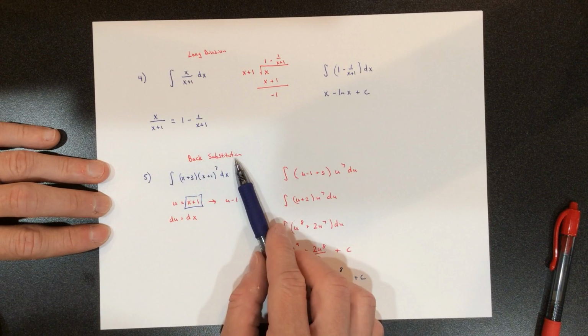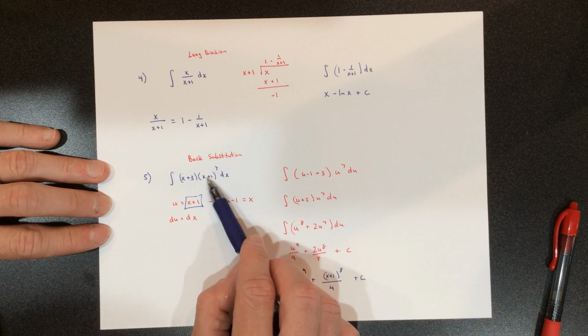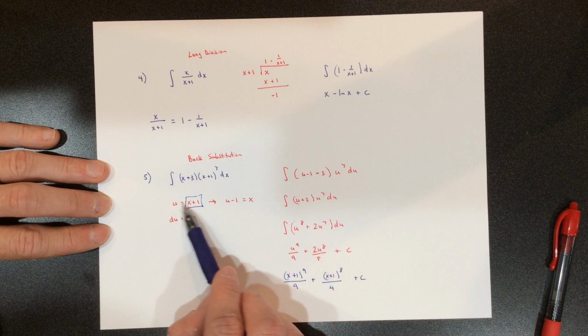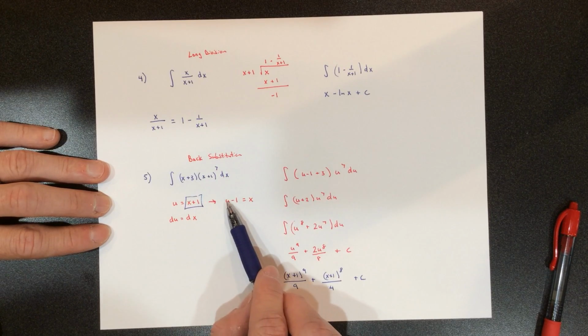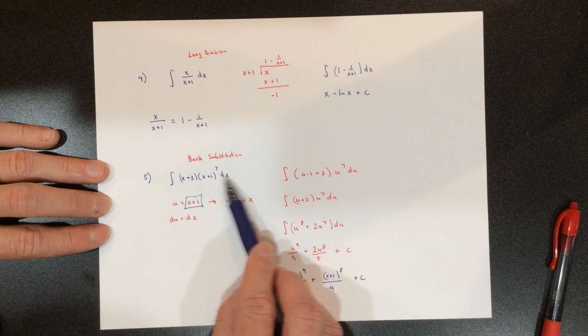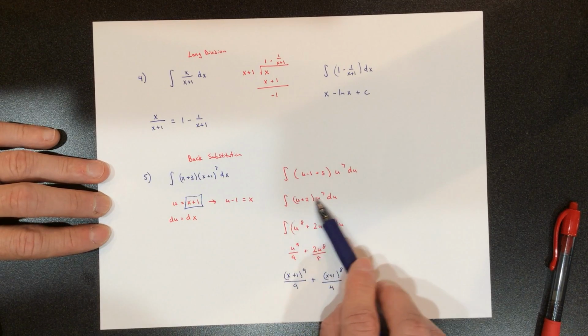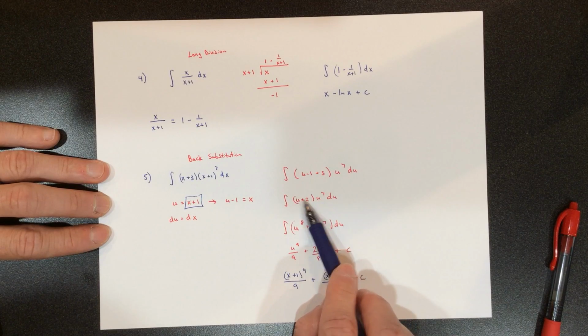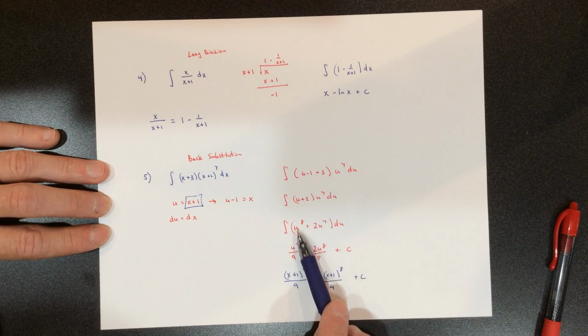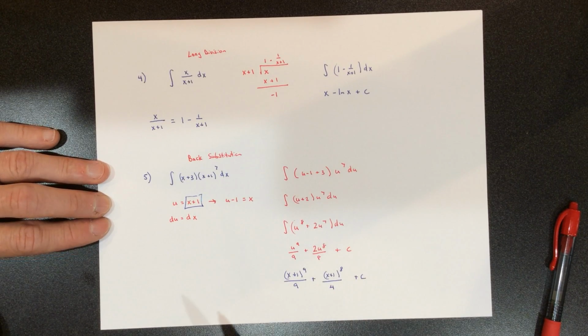Again, this is called back substitution, where you make this u, you can turn that into u to the 7th, but if u equals x plus 1, then u minus 1 equals x, and then you can put that u minus 1 in for this x. And so you've gotten rid of all the x's and dx, and you have an integral with u's. Then you can multiply this in to turn it from a product into two terms. And once you have two separate terms, you just integrate them separately.